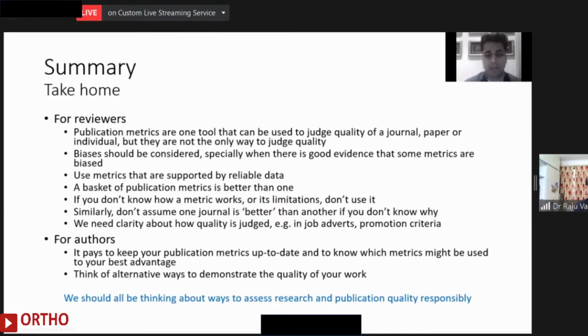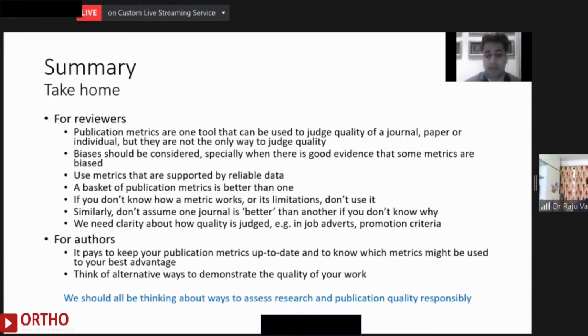And for authors, it pays to keep your publication metrics up to date, to understand which metrics may be used best to your advantage, because your metrics are going to be utilized by journals to accept your publication or your presentation, and by organizations for job positions. Try to think of alternative ways. Remember, putting up your article on Facebook, Twitter, or WhatsApp is all useful in increasing your altmetrics.